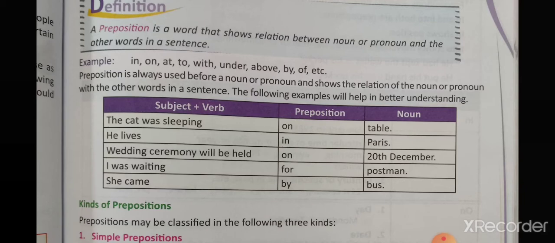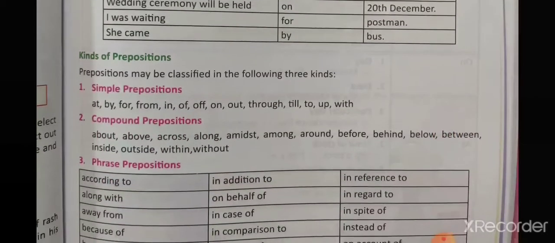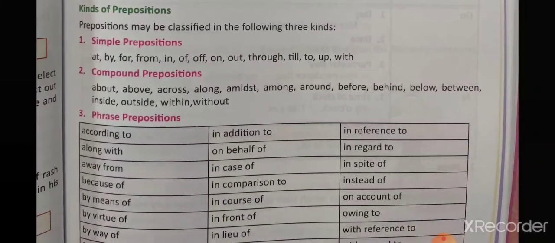Now coming on to the kinds of preposition, there are 3 kinds. First is simple prepositions, second is compound prepositions, and third is phrase prepositions. Simple prepositions are like simple alphabets: at, in, from, for, on, off, or, out, through, till, to, up, with.